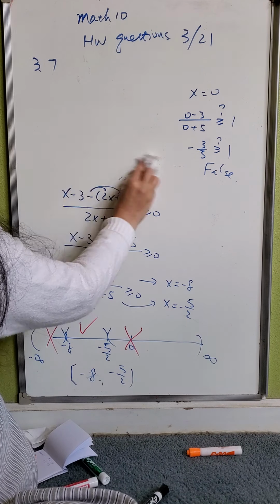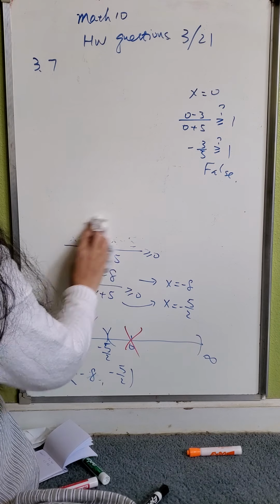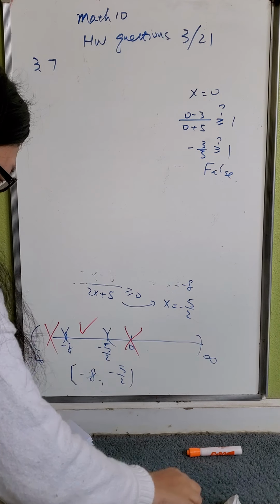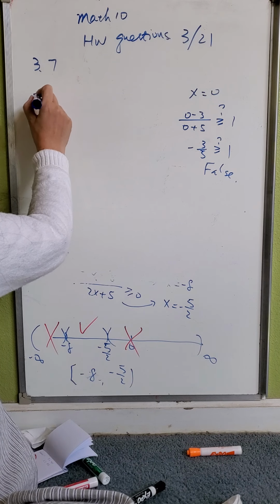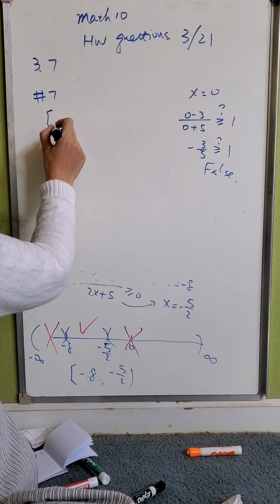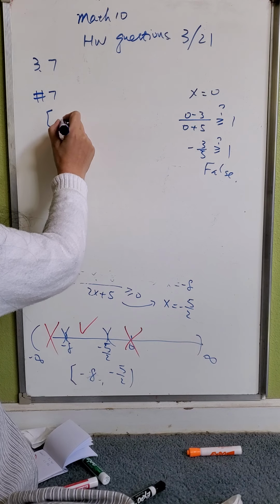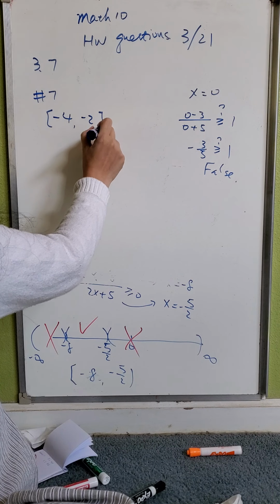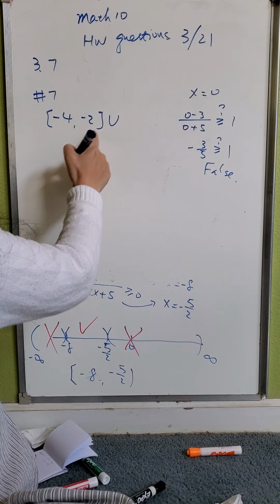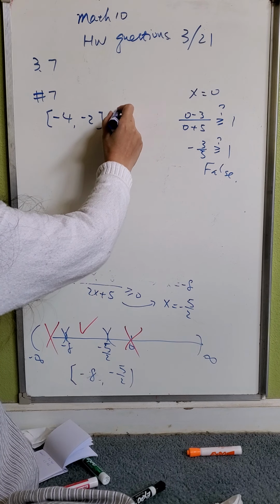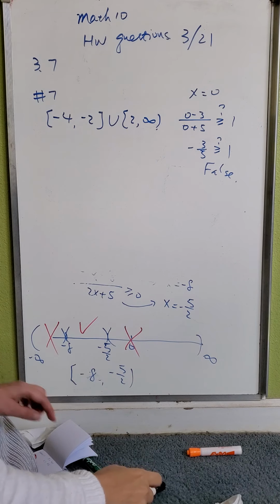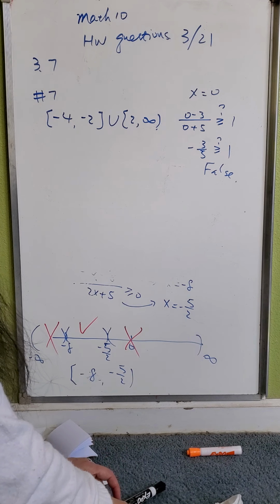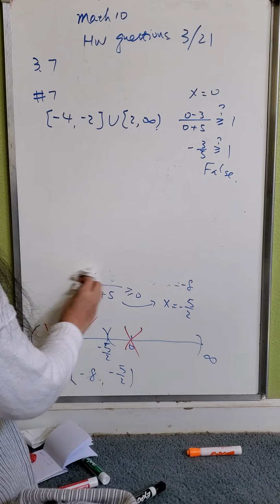On number 7, I want to write the correct answer. I forgot to put the bracket. It should be a bracket here, negative 4, negative 2, and then a bracket here. I think I used a parenthesis. I just didn't pay attention and forgot to look at the original problem.